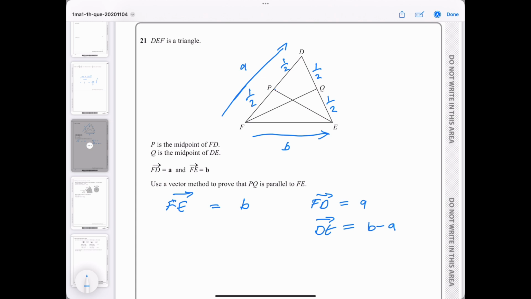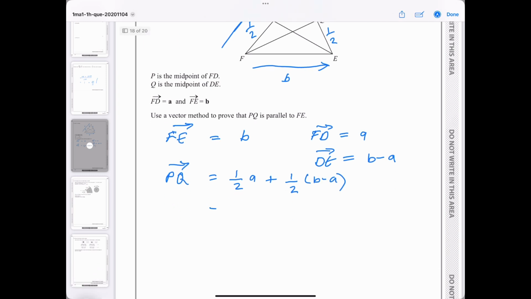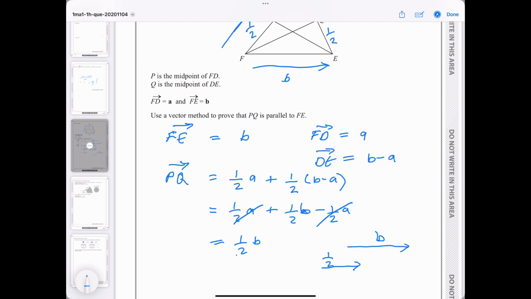So to go from P to Q would be PQ, which would be half FD, which is half A, plus half B minus A. That gives us half A plus half B minus half A. Now half A and the half A cancel, so that's half B. So B is just going that way, and half B is also going that way, but with a scale factor.